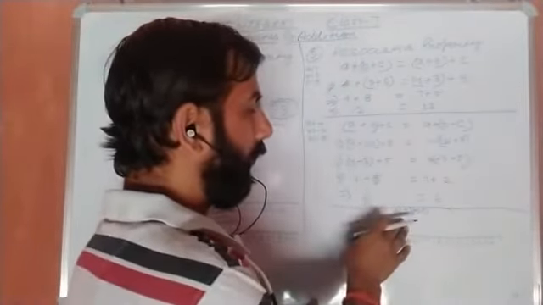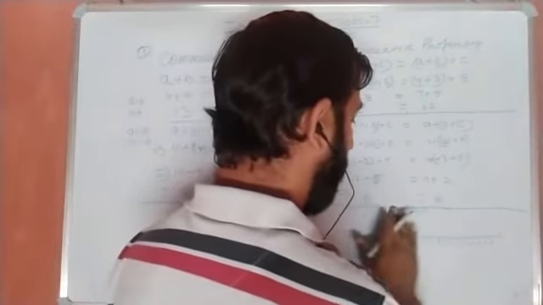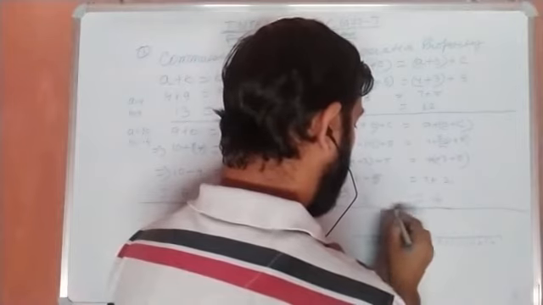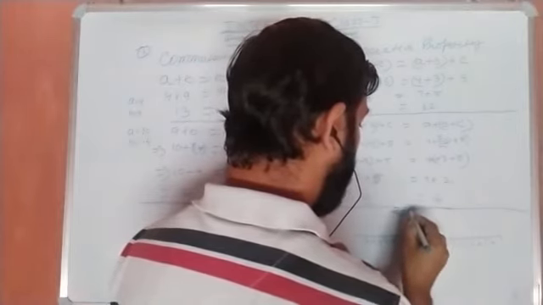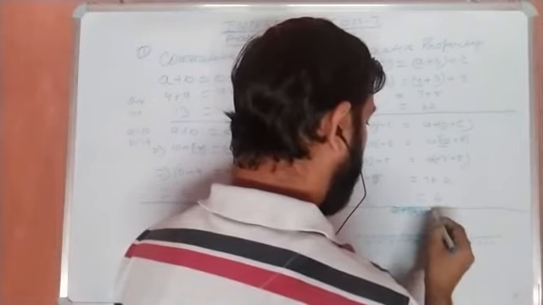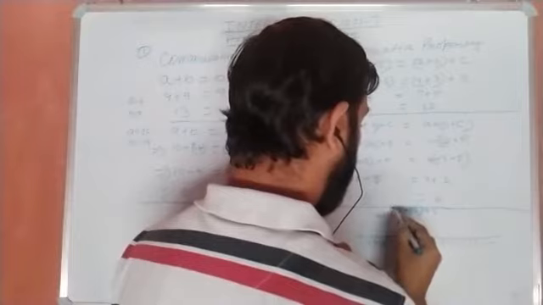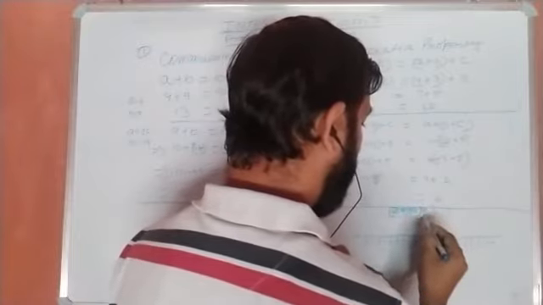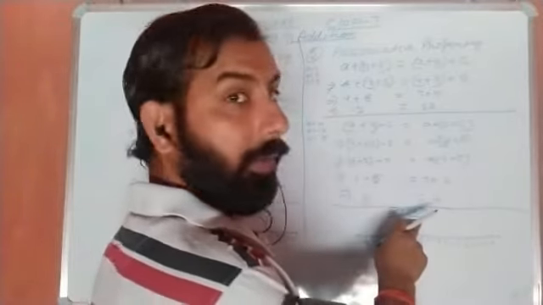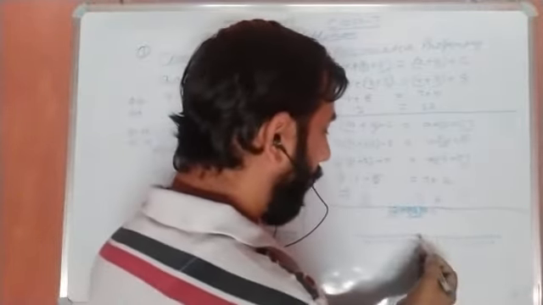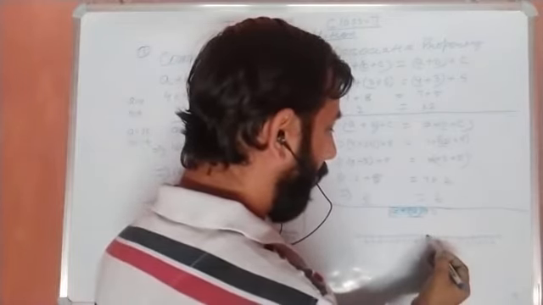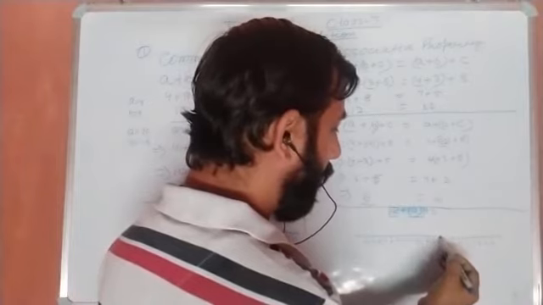Now let us take another example. Suppose 2 is here, plus minus 3, plus 5. Now we will put it in a big bracket. Here is plus 2 and minus 3. So we will move up to plus 2, from 0 up to plus 2.